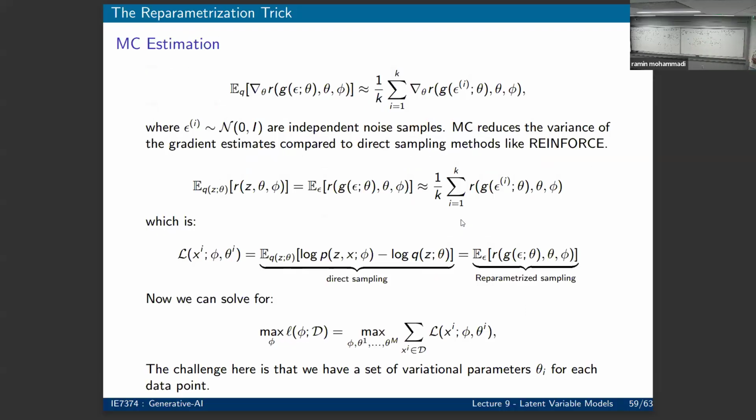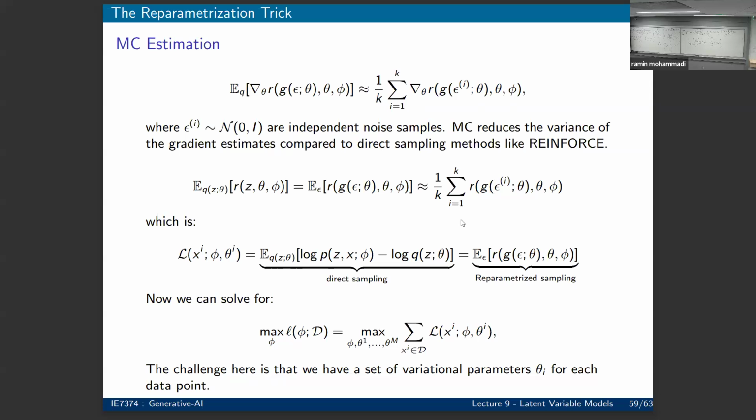Now, we can apply Monte Carlo estimation here to estimate those values for the gradient. So this is the gradient of this term with respect to theta. You can sample it using Monte Carlo. That means if you do Monte Carlo, let's say you pick data points, you calculate the gradient per data point and average it.